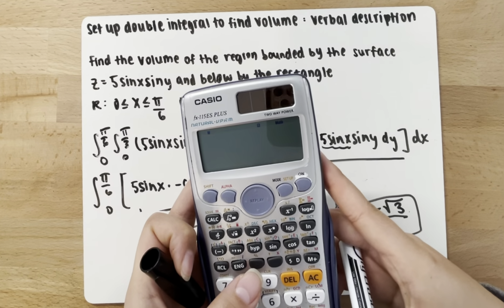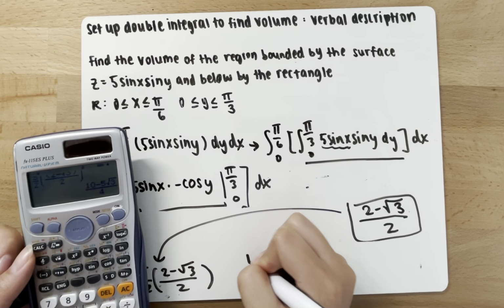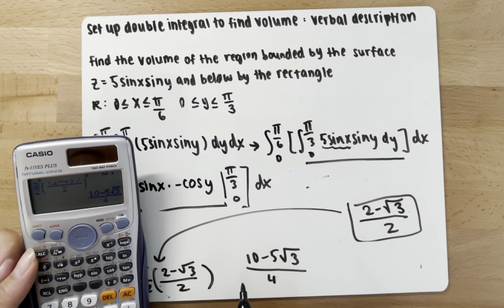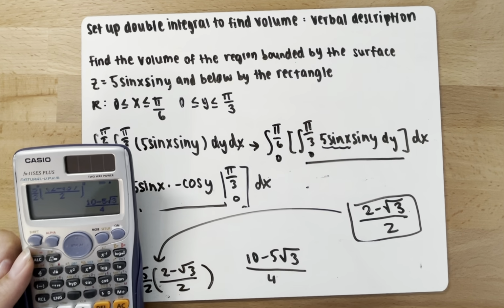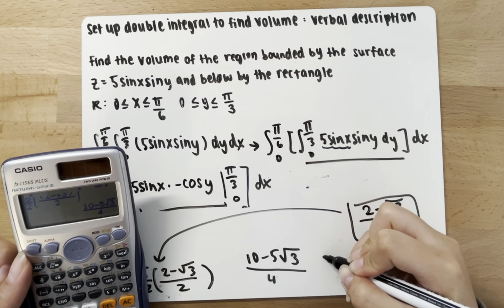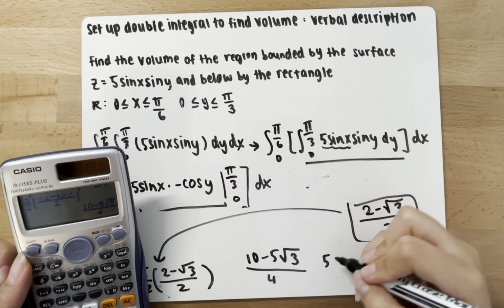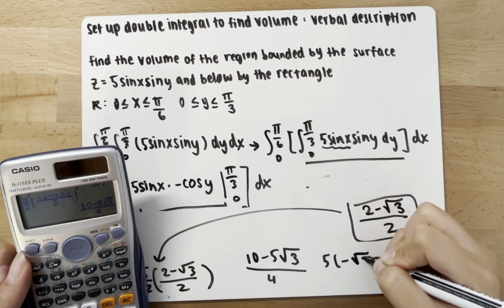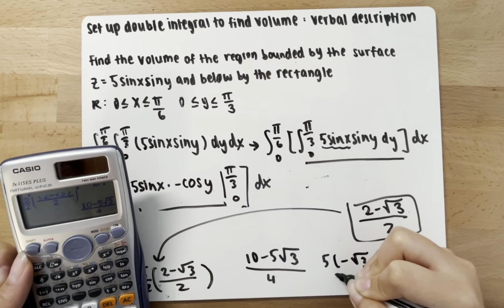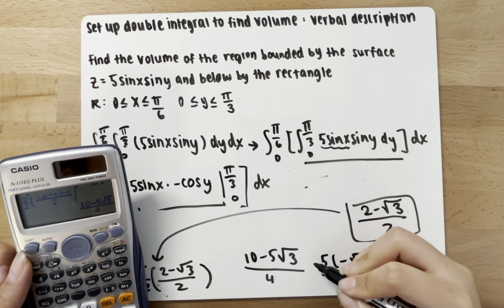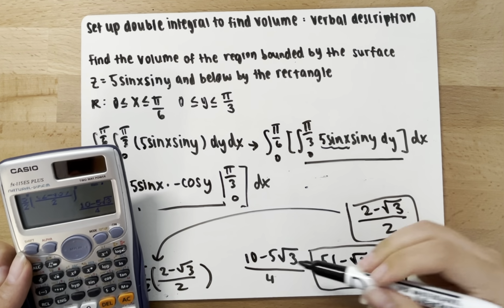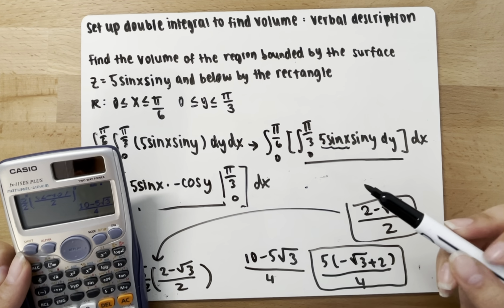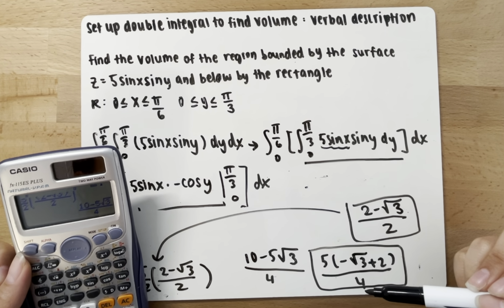You will then have 10 minus 5 square root 3 over 4. And although this is the correct answer, you need to rewrite it. So you have 5 times 2 minus square root of 3 over 4. This will be your answer. These two are the same thing, but we're just factoring out the 5. And there you go.